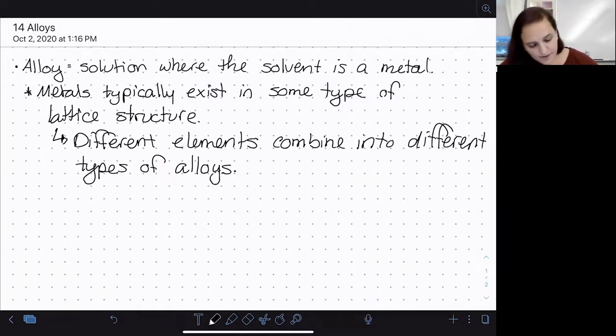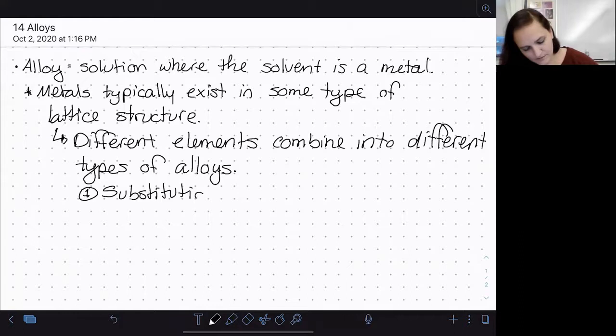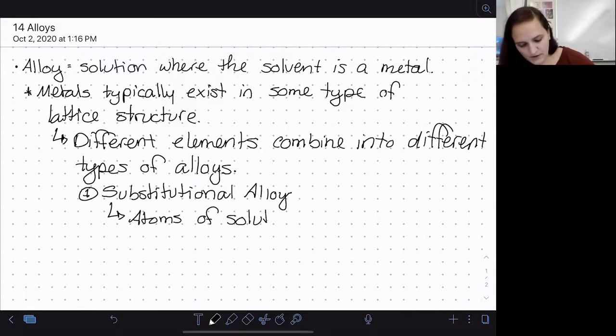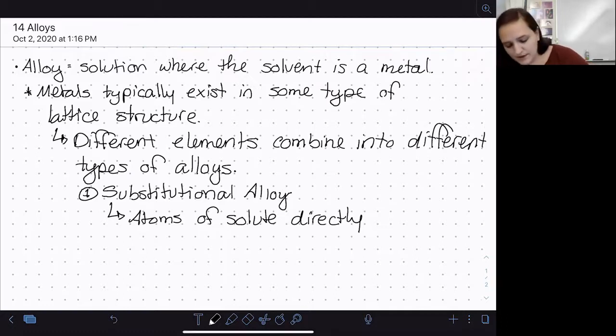So the first type that we're going to talk about is known as a substitutional alloy. And in a substitutional alloy, atoms of the solute essentially just directly replace atoms in the solvent lattice without really disrupting things very much.